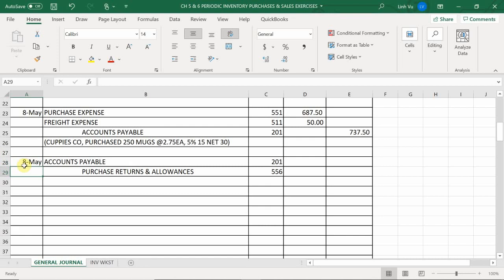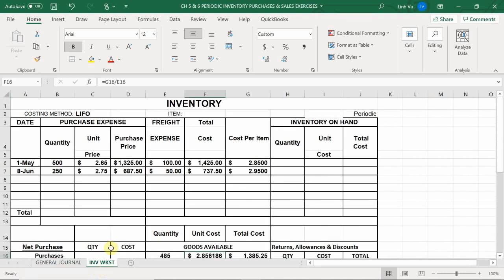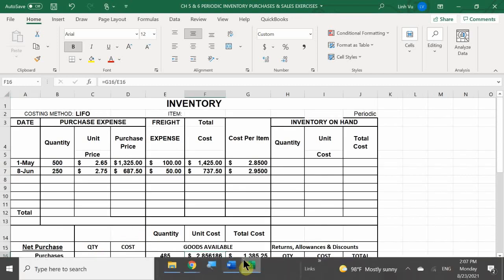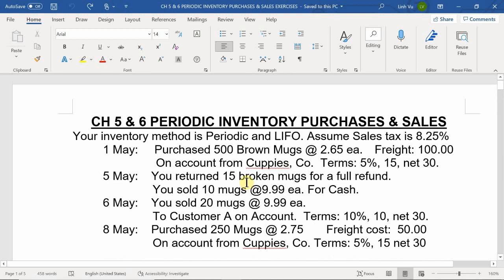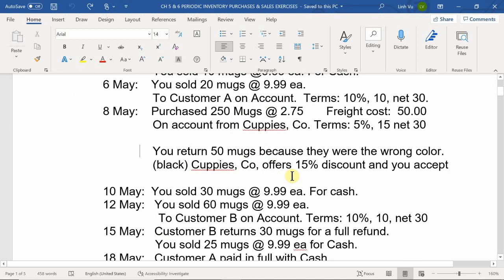Now, in this case, let's go back to my inventory worksheet real quick. In my scenario, I ended up returning 50 mugs because they were the wrong color.